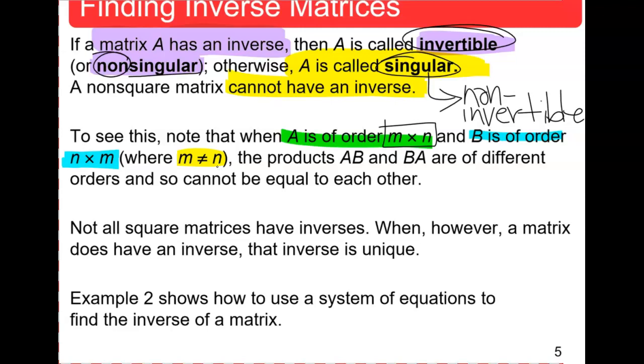So if we multiply A times B, matrix A is of order m by n, and matrix B is of order n by m.